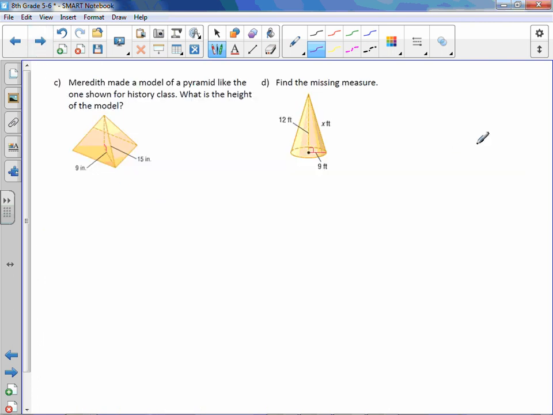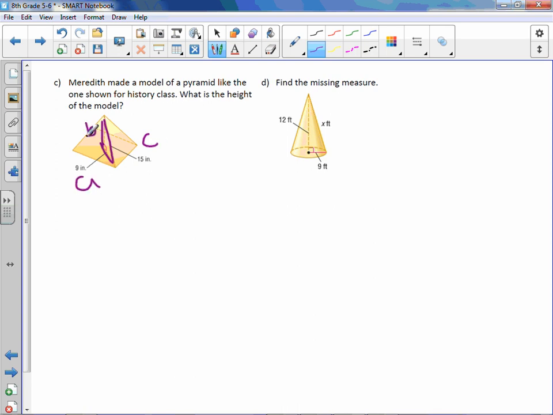Meredith made a model of a pyramid like the one shown for history class. What is the height of the model? So our triangle is right here. Our right angle is here, which tells me this is the hypotenuse.